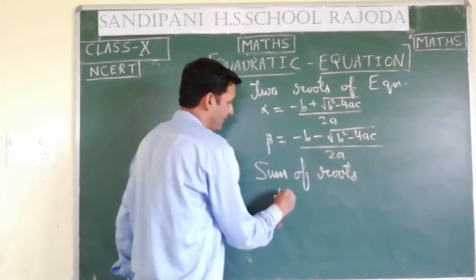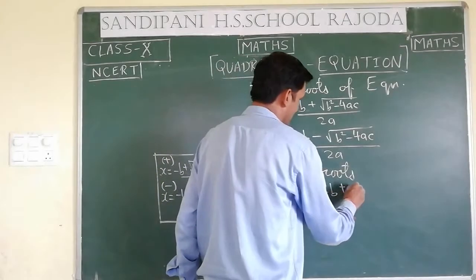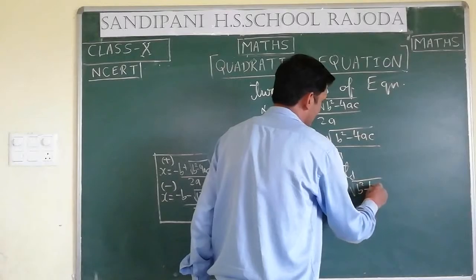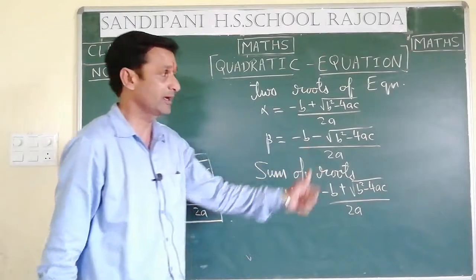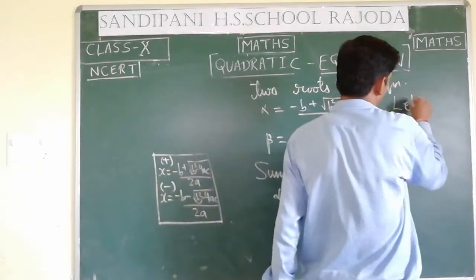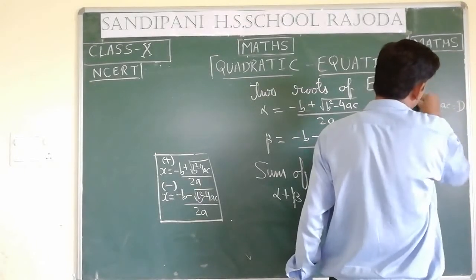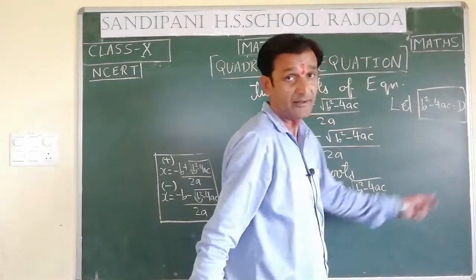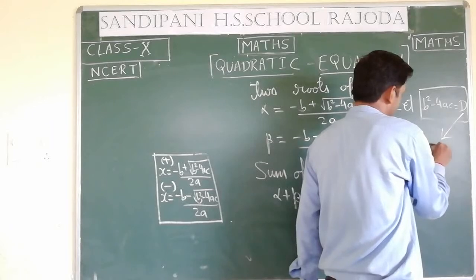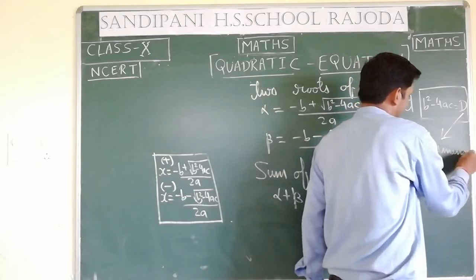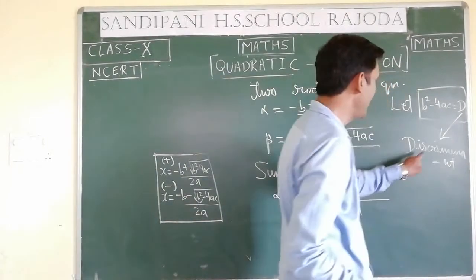that is, alpha plus beta is equal to minus b plus root b square minus 4ac upon 2a. Now let me tell you one more thing. Let b square minus 4ac be equal to some other letter D. This D is called the discriminant.